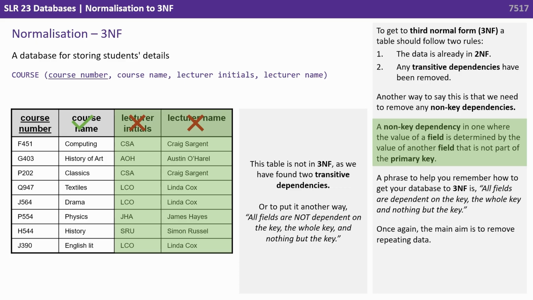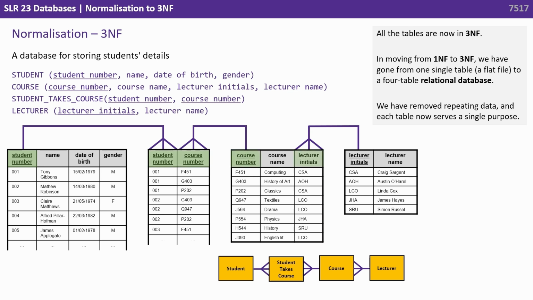Or to put it another way, all fields are not dependent on the key, the whole key, and nothing but the key. All the tables are now in third normal form. In moving from first to third normal form, we've gone from one single table, a flat file, to a 4-table relational database. We've removed repeating data, and each table now serves a single purpose.